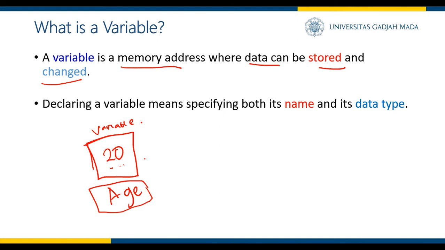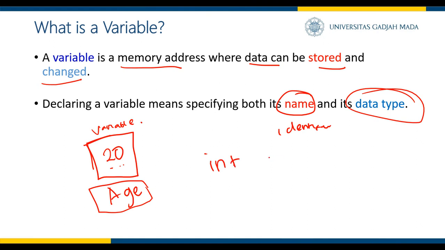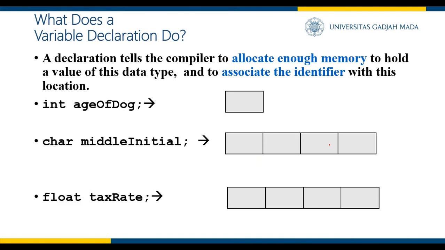When we are going to declare a variable in C++, we have to declare the name or identifier and the data type. For example, we choose integer because it is an age. So it's an integer, integer age. So what does variable declaration do?